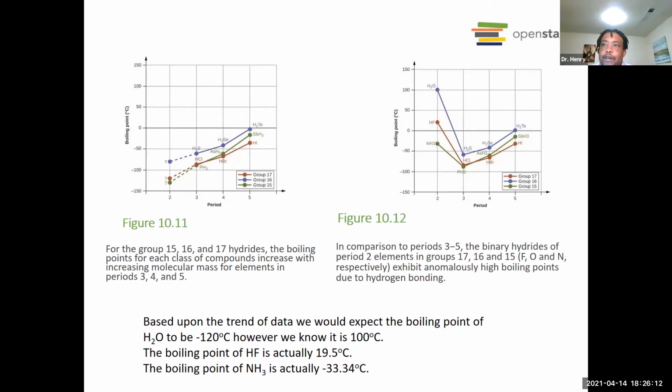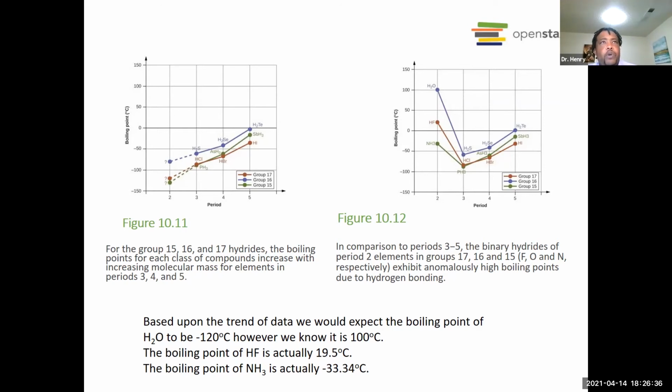Well, obviously hydrogen bonding does, because that's what they got, right? And that's the same thing here with hydrogen fluoride and ammonia, right? You see they're up here, and then the rest of them are below that. That's because these molecules are going to have dipole-dipole, right?